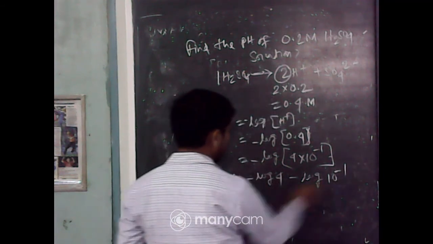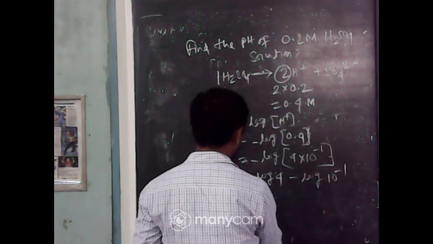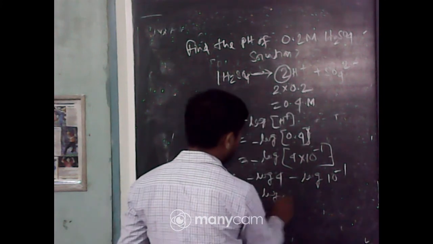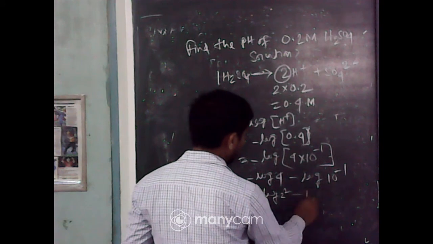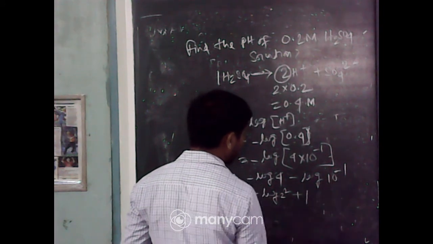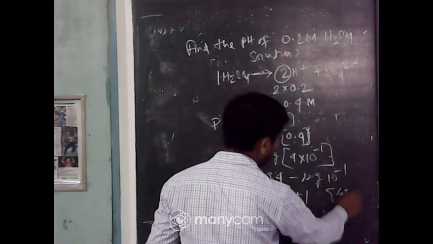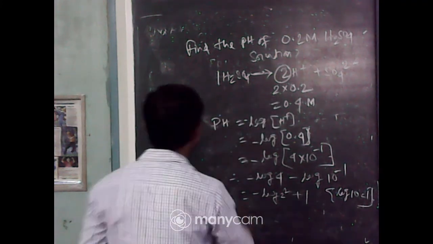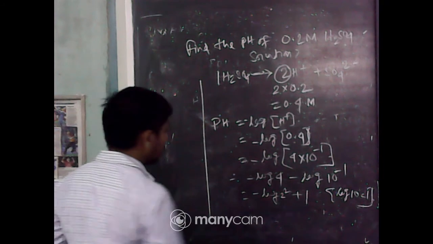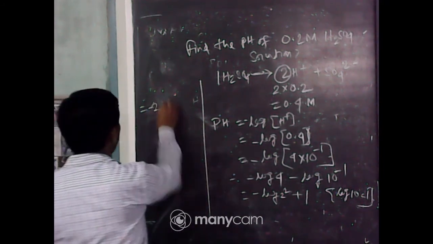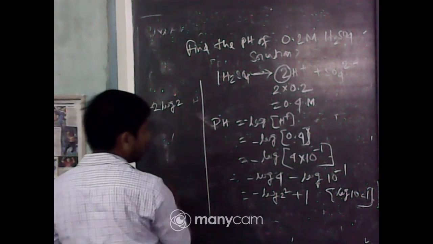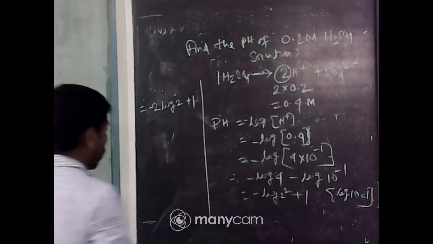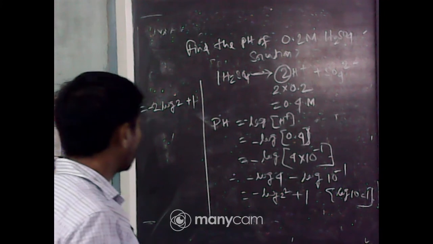So, it will be equal to minus log 4 plus 1, and log 4 equal to minus log of 2 square plus 1, because log 10 equal to 1. Next step I am writing down here, that is equal to minus 2 log 2 plus 1.